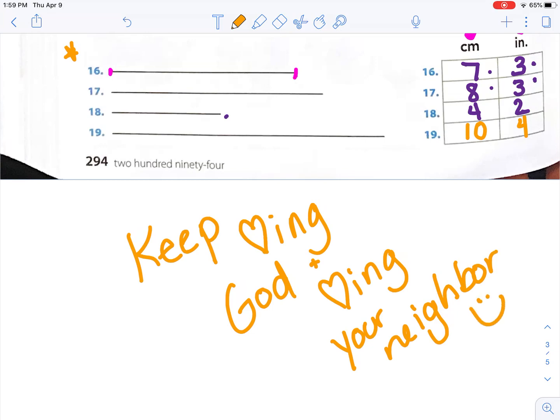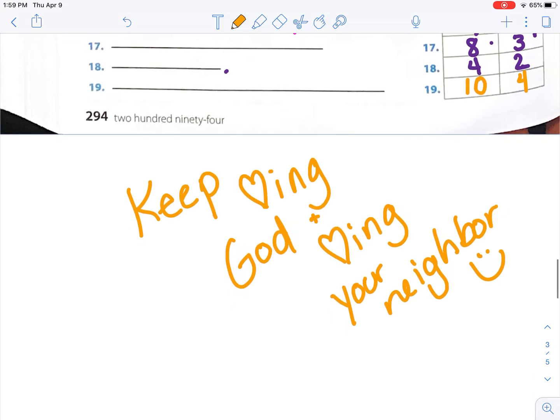And I will tell you, that might be harder to do since you've been trapped with your neighbors at your house for very long. Sometimes we get grouchy at our nearest neighbors, which is usually our family right now. So continue to love them, serve them, play a game with them that they might like, that maybe is not your favorite. Give them a break if they want some alone time and you just want to play.